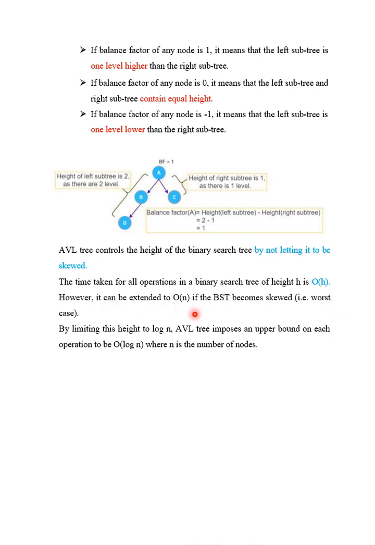It can extend to order of n if the binary search tree becomes skewed. That is the worst case. So by limiting its height to log n, the AVL tree imposes an upper bound on each operation to be order of log n, where n is the number of nodes present in the given tree.